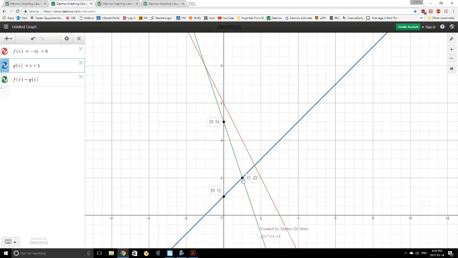If you look, our y value on f is 4. So 4 subtract, and if you look on the blue line, the y value is 2. So 4 subtract 2 gives you the value you get on the green line, which is 2.